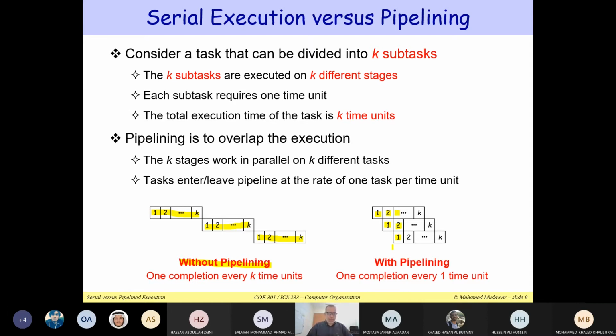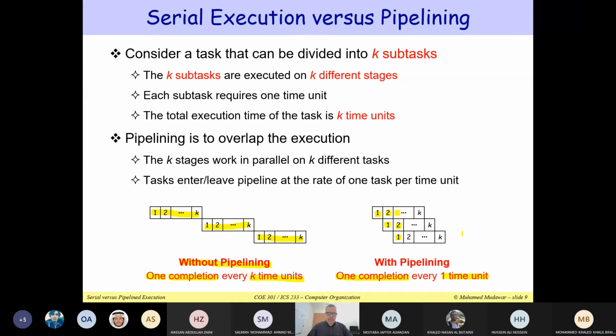Now, if you look here without pipelining, you can see that there is one task completed, one completion every k time units. So it takes k time units to complete one task. However, if you use pipelining, you can have one completion every 1 time unit.